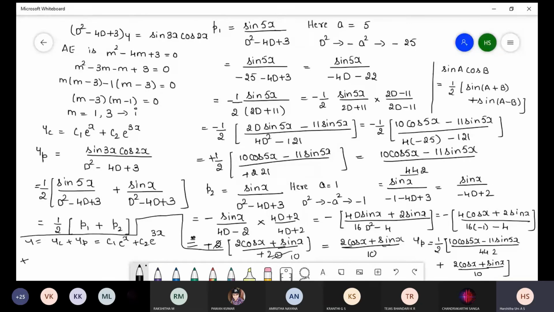Yp, I just multiply this 2 inside the bracket terms. 10 cos 5x minus 11 sin 5x divided by 2 into 442 is 884, plus 2 cos x plus sin x divided by 2 into 10, that is 20.